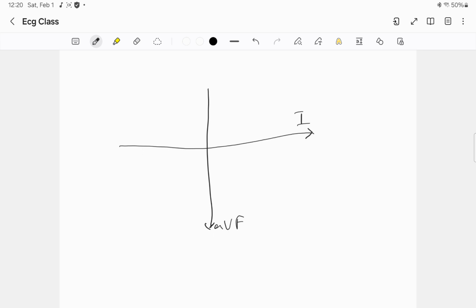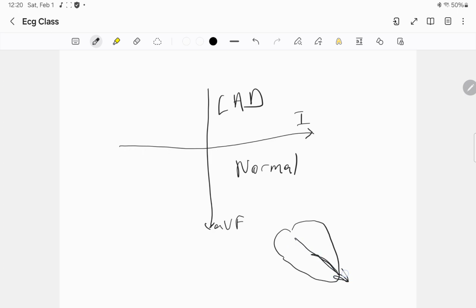So using lead 1 and lead AVF, we have 4 possible cardiac axes. You have normal, and you have left axis deviation. So what we're saying is the mean vector is no longer going this way, for whatever reason it's going that way.